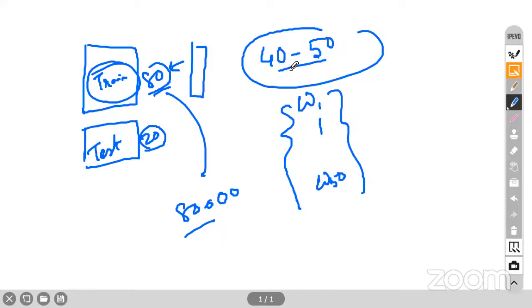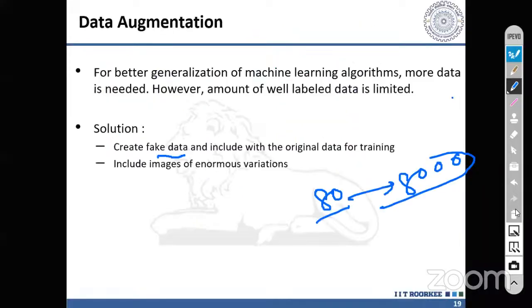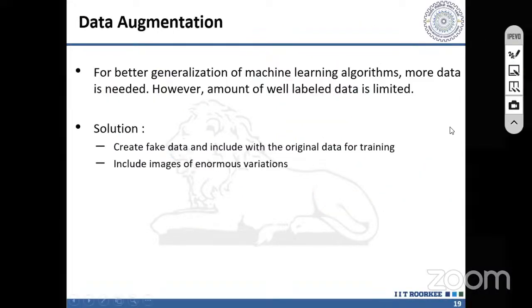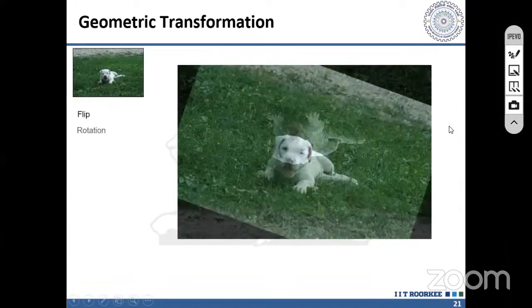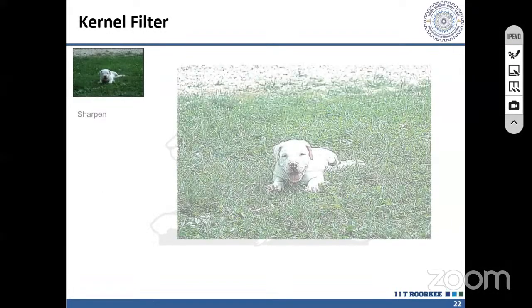Though you have a high number of parameters, because of the low amount of training data you could not tune the model properly. But you can increase the data using some transformations, and then you can get better models. So these are some transformations which can help for augmentation or increasing the dataset size.